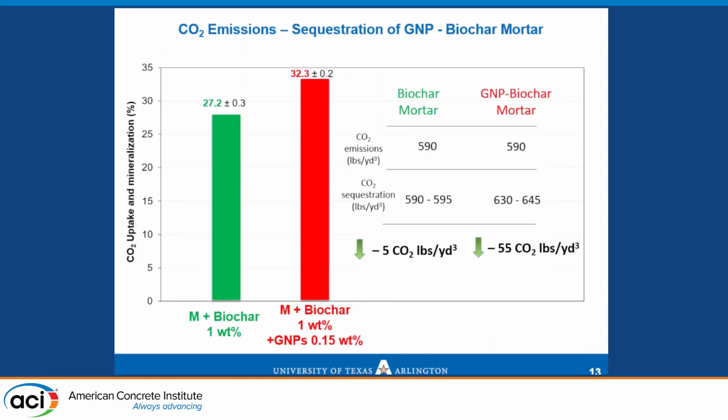And we decided to go with this particular recipe. In terms of numbers, after 28 days of carbonation, we can see that the engineered concrete is leading us to a total CO2 removal of 55 pounds per cubic yard.